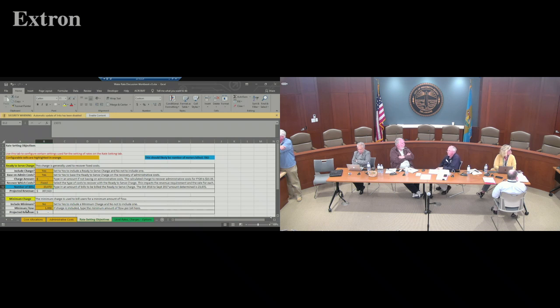Since the number of bills is heavily tied to how we're calculating the ready to serve charge, and also the projected revenue tied to the ready to serve charge, I've added it to that section. So this row right here is new. It allows you to change the number of bills to any amount. I'm still carrying the number that I calculated, and I have a note here to indicate the number that I calculated. If someone were to change it to some other number, that information would still hold true here, so you'd have that as a reference, right?